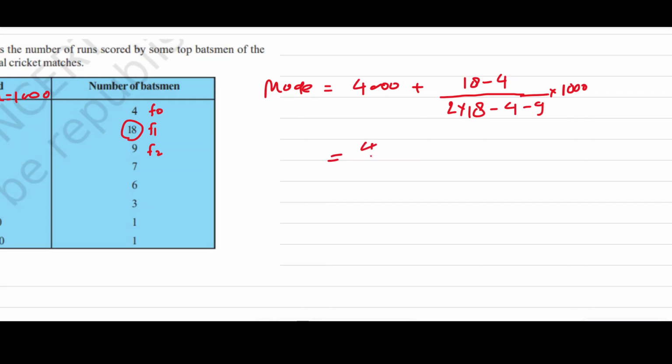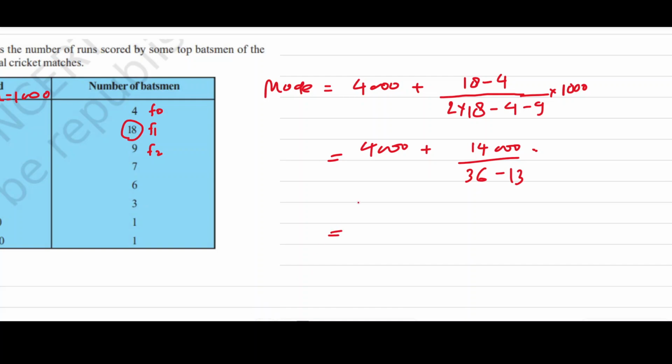What we will get here, 4000 plus 18 minus 4, that will be 14, and here this will be 36 minus 13, that means 23, into 1000.